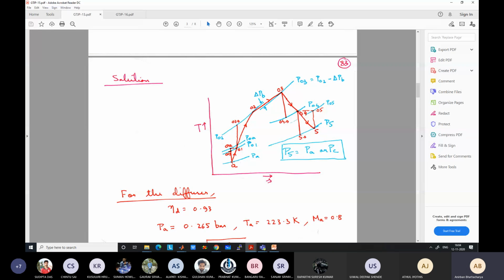Correct? We have discussed this many times in industrial gas turbines. That is why you use intercooler and reheating, all these things. If you shift the process towards the left side, the work input is reduced. If the process gets shifted towards the right side, work input increases.